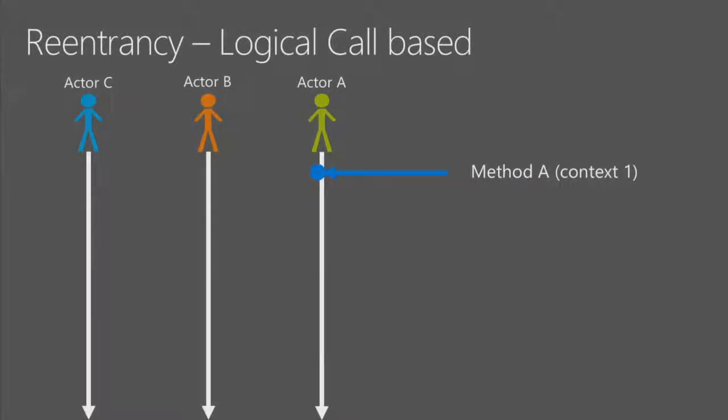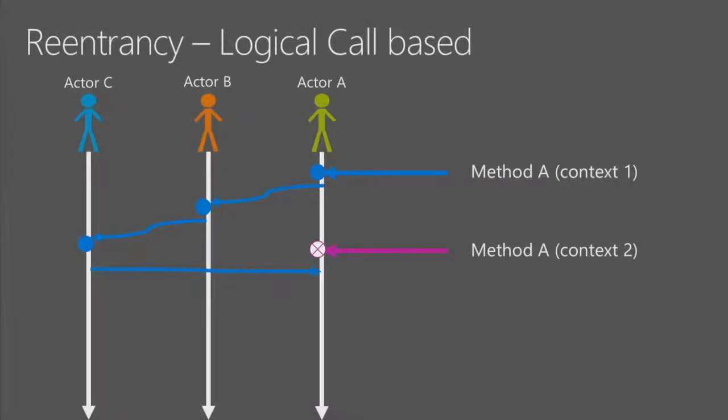So if a method call arrives, and there is a logical call context already present, it is used. If not, a new context is created. And then if another method arrives, either the same method call or a different method call with a different context, it is not allowed.